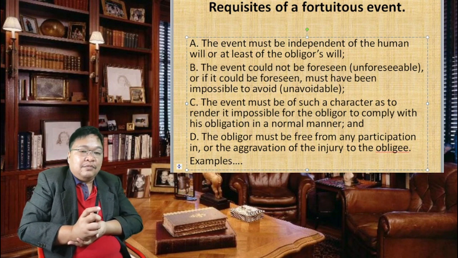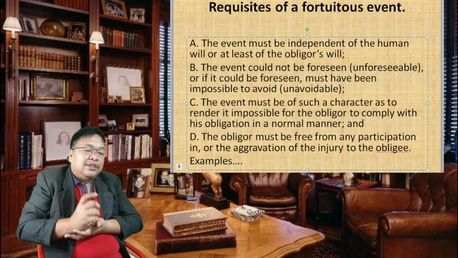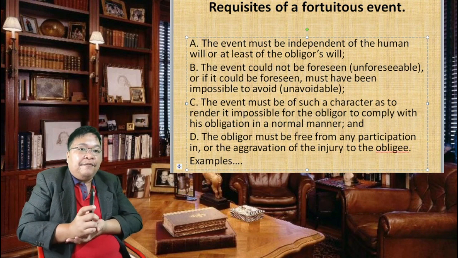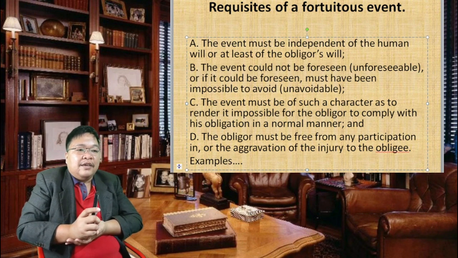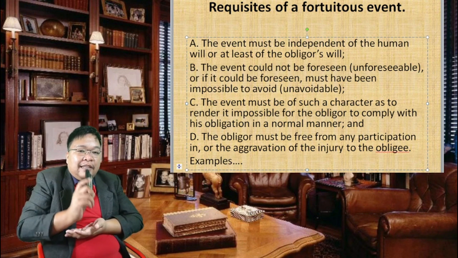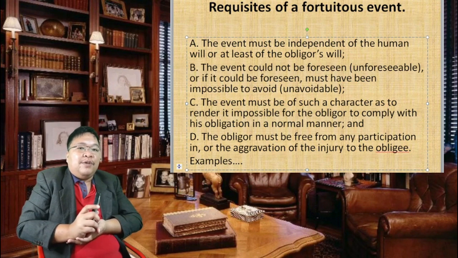Kasi nga, sobrang dami ng tubig na lumabas dun sa typhoon, and almost everyone is affected by the flooding. So letter C, is it impossible for the obligor to comply with his obligation in a normal manner to deliver it in 10 days?